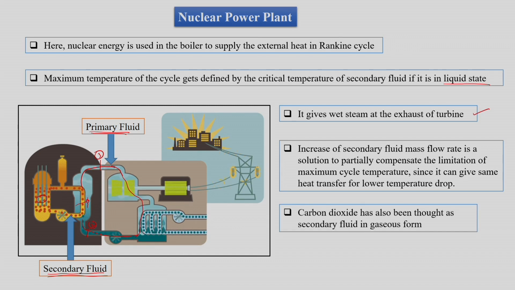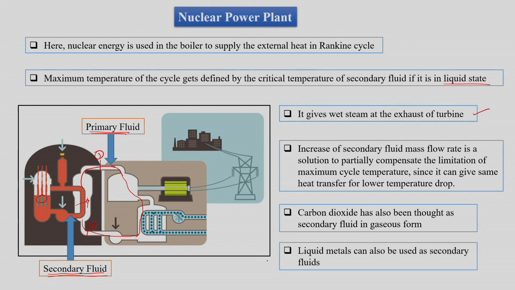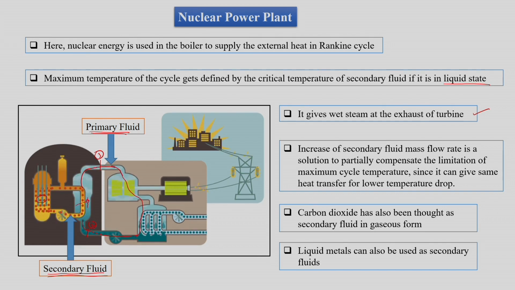So, keeping this point in mind, we can think of other material than liquid water as the source. Then we can think of carbon dioxide as one of the materials, which is in gaseous form, can be thought as the medium for transfer of heat from the nuclear energy to the boiler, and similarly we can also think of liquid metals for transfer of heat from the nuclear source to the boiler.